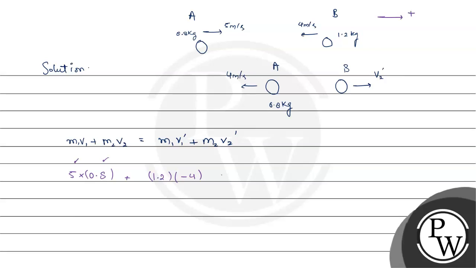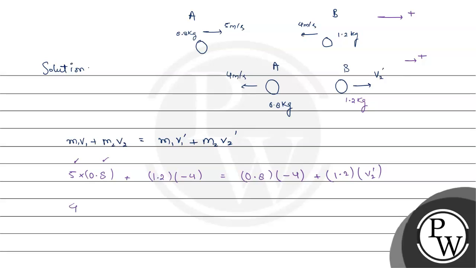Now in the second case, m1 is 0.8 and its velocity becomes minus 4, because again this direction is taken as positive, plus m2 is again 1.2 kg, and the v2 we don't know, so v2'.